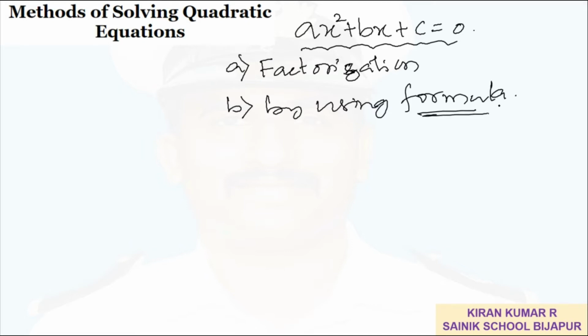This formula was found by an Indian mathematician, Sridharacharya. This formula is well known as Sridharacharya's formula. Let us discuss each of this method, factorization method, as well as by using the formula.